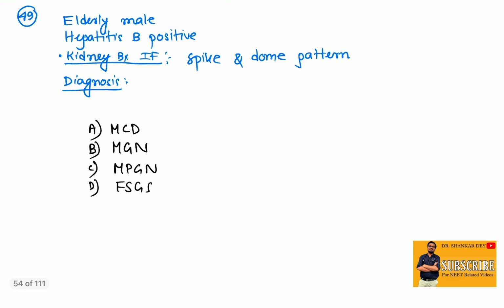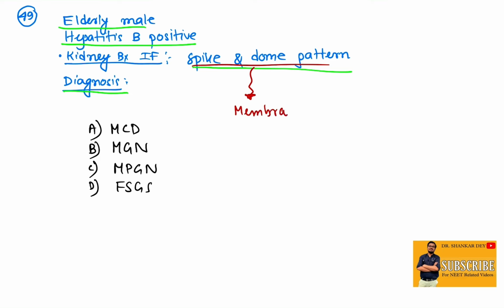Coming to question number 49, elderly male, hepatitis B positive, kidney biopsy shows spike and dome pattern. What is the diagnosis? So spike and dome pattern in kidney biopsy immunofluorescence is suggestive of what? Yes, it is membranous glomerulonephritis or MGN. As all of you know, there are various causes of MGN. It may be primary or it may be secondary.